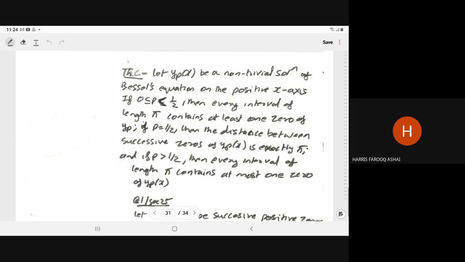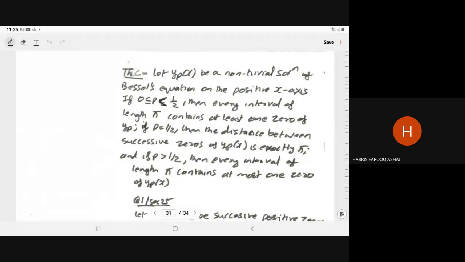Yp represents a non-trivial solution of Bessel's equation for different values of the constant p. If p is greater than or equal to 0 but less than half, then every interval of length pi contains at least one zero of yp.